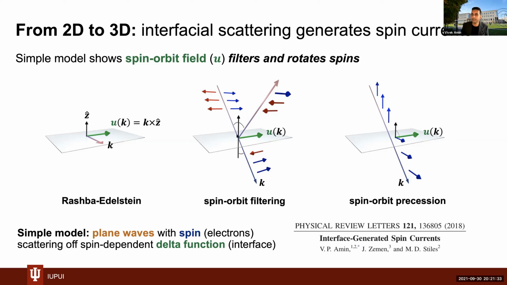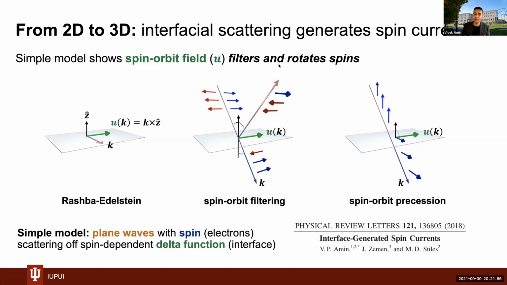When they do, they're going to briefly interact with this spin-orbit field, and that's going to do two things. First of all, that's going to filter the incoming spins, right? So if I have an even amount of spin in one direction and the opposite direction, and they scatter off the interface, what this effective magnetic field does is it creates a potential barrier that's spin dependent.